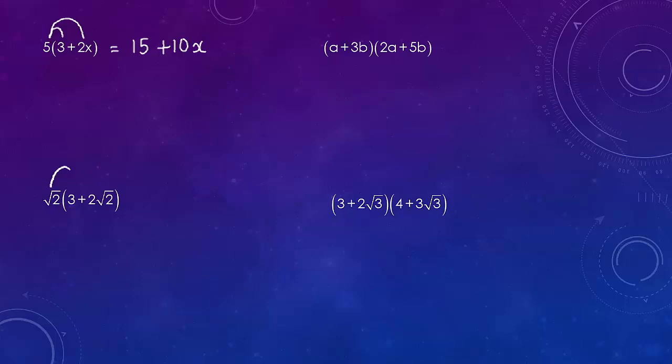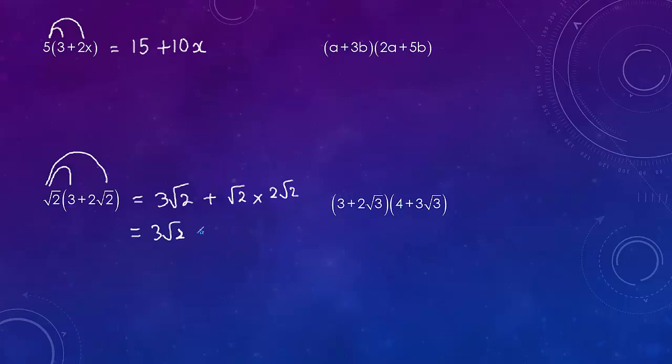So here I'm going to do this multiplied by this. Root 2 multiplied by 3 gives me 3 root 2. And then this multiplied by this would give me root 2 multiplied by 2 root 2.